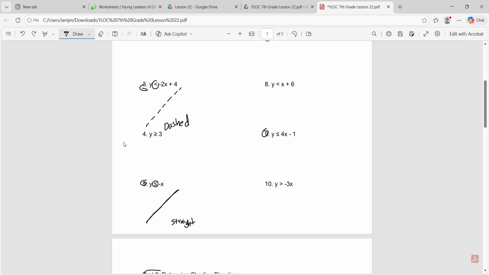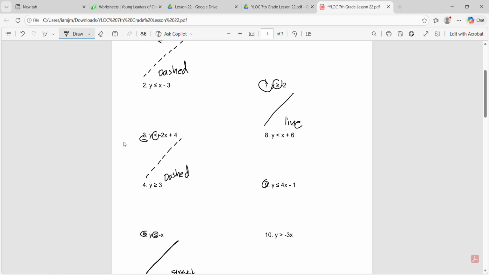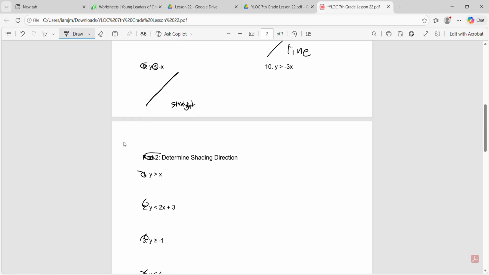So that's number 5. Y is greater than or equal to negative 2. Straight line. Number 9. Y is less than or equal to. So it's another straight line because of the equal to. Okay, moving on.